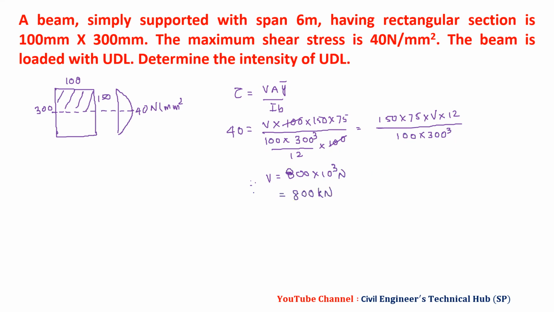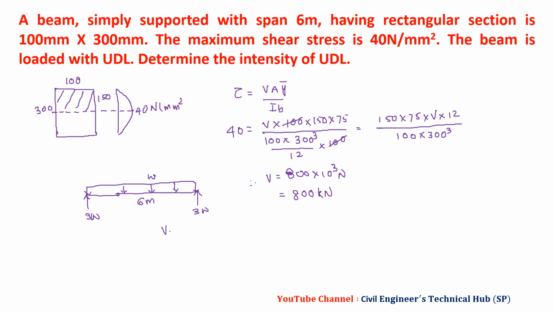Now we have 6-meter span simply supported beam with UDL. So we are interested to find this W. So W, this is 6 meter. So V we have 3W, 3W. This will be maximum shear force, 3W, because total load will be 6W, half on this side, half on this side.